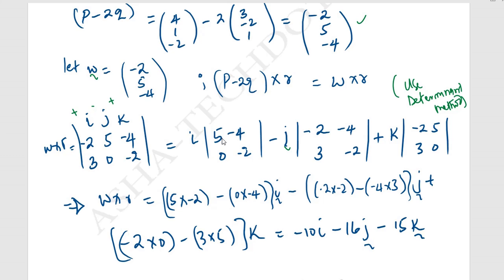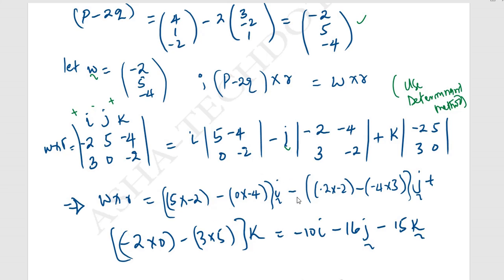For this matrix, the major diagonal is 5 and negative 2. I multiply 5 times negative 2. Then I subtract the product of the contents in the minor diagonal, which is 0 and negative 4. So it will be 5 times negative 2 minus 0 times negative 4.